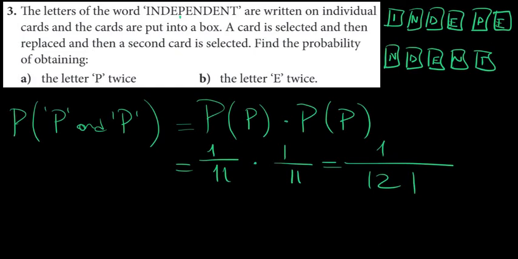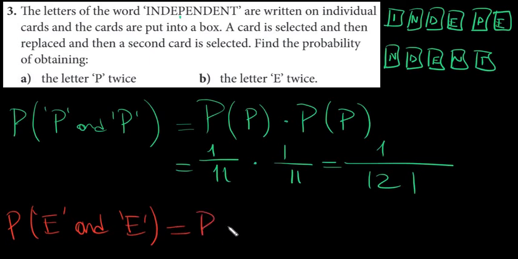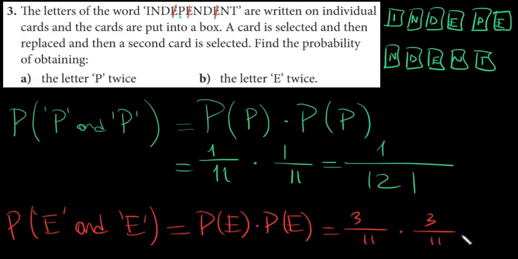Then the letter E twice, the same idea. In the first selection, I want to get E. In the second selection, I want to get E. So we are going to multiply the probability of getting E times the probability of getting E. How many E's do we have? 1, 2, 3. 3 over 11 times 3 over 11.